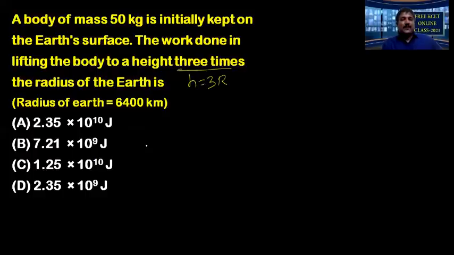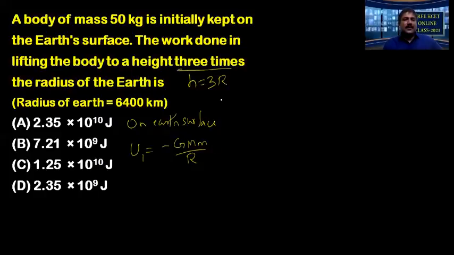Now firstly, on the Earth's surface, what is the expression for potential energy? U1 is minus GMm divided by R plus h. h is 0, so it is just R. Okay, so this is first case.